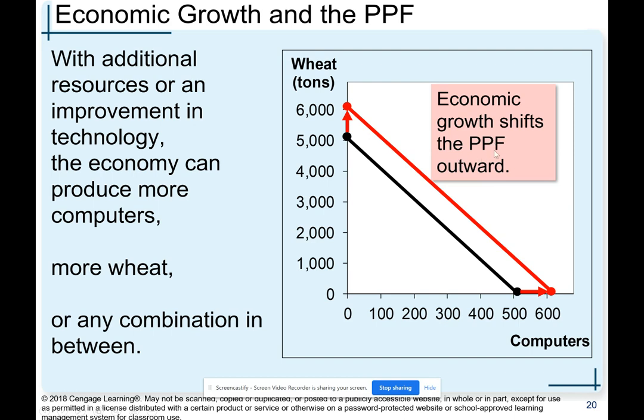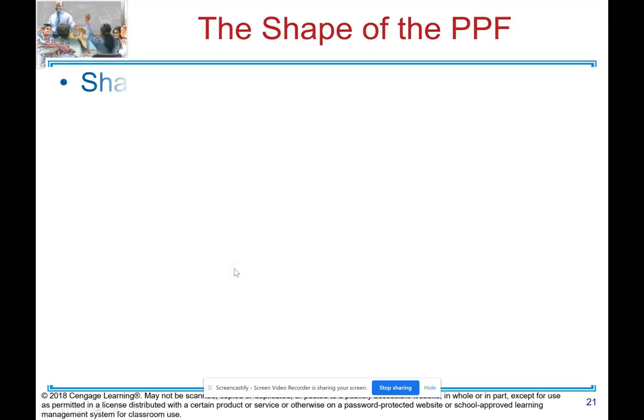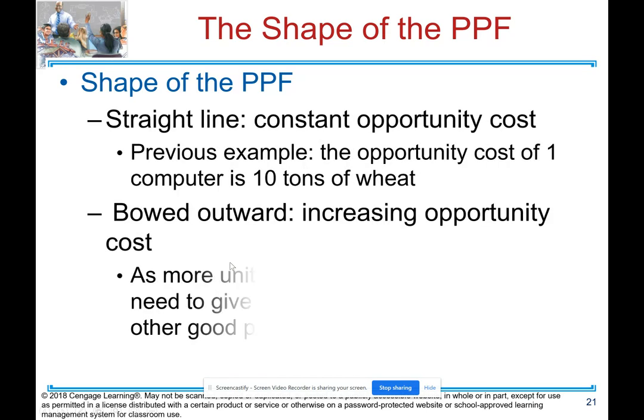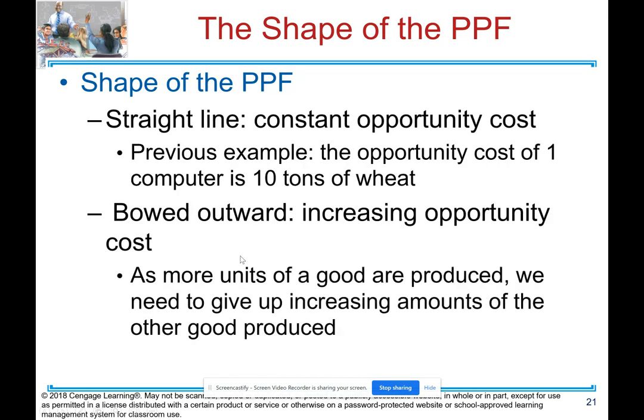So economic growth is represented by the outward shift of the production possibilities frontier. So, with additional resources or an improvement in technology, the economy can produce more computers and more wheat or any combination in between.